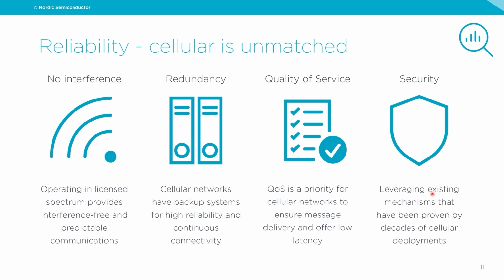The nice part is that cellular IoT technologies leverage the existing mechanisms that have been in the field and proven for decades of cellular deployments. All of that is leveraged for cellular IoT, which means you have very robust security for your IoT devices.